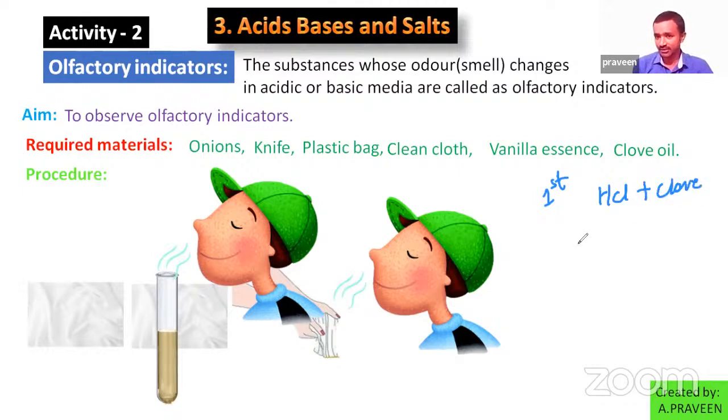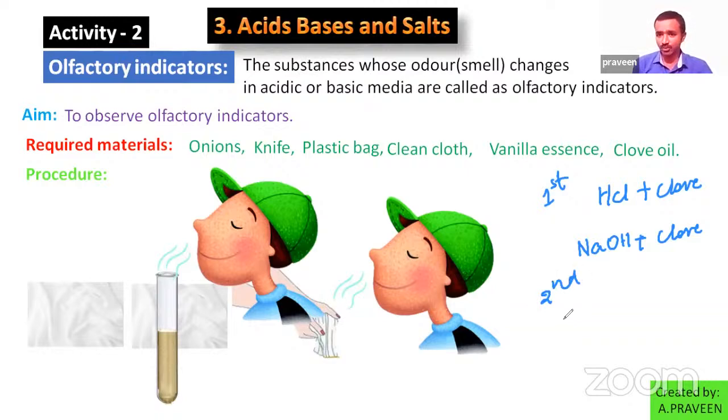In the second attempt, we take HCl and a base, NaOH, and the same thing, clove oil. HCl with clove oil, NaOH with clove oil. You can smell both. Remember it.